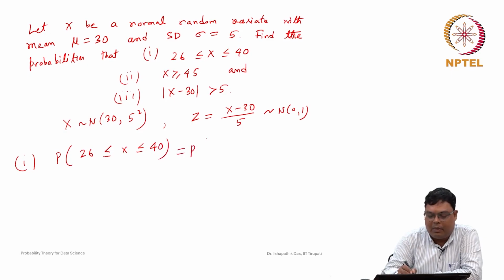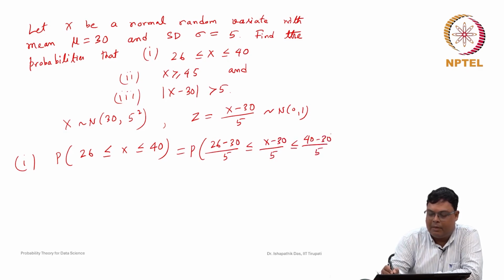So, this is equal to probability of 26 minus 30 by 5 less than or equal to (x minus 30) by 5 less than or equal to 40 minus 30 by 5.